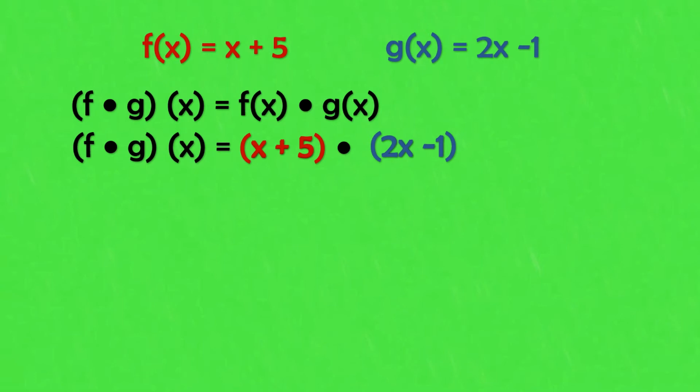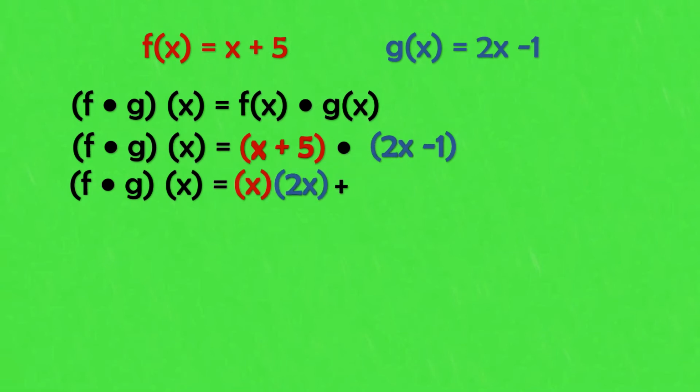F times g of x equals quantity x plus 5 times quantity 2x minus 1 equals first x times 2x plus outer x times negative 1 plus inner, we have 5 times 2x plus last 5 times negative 1.